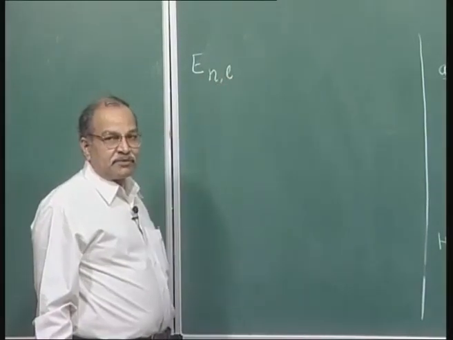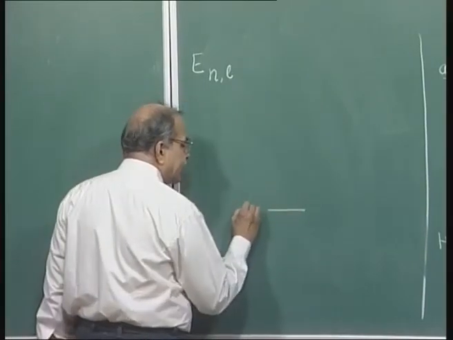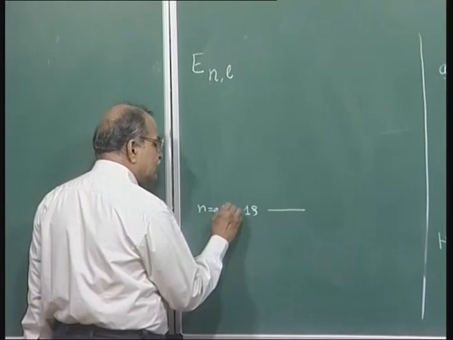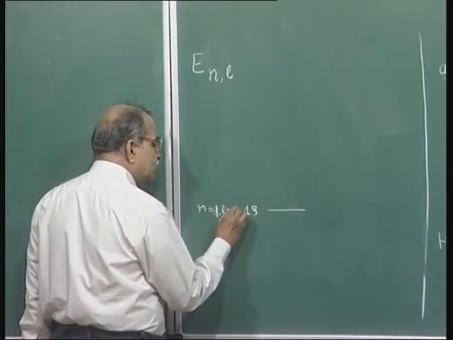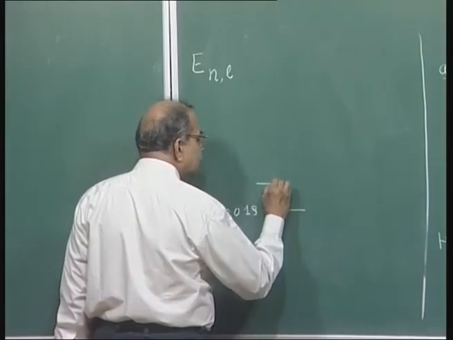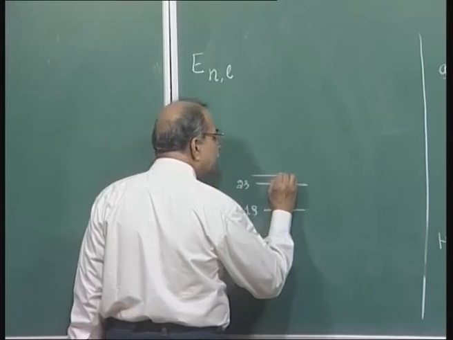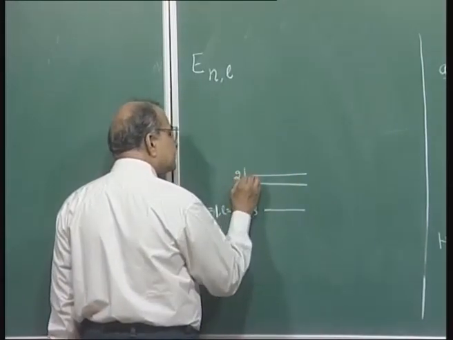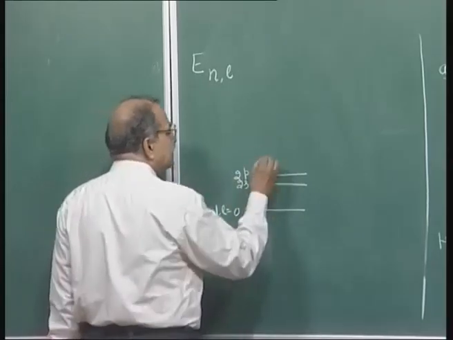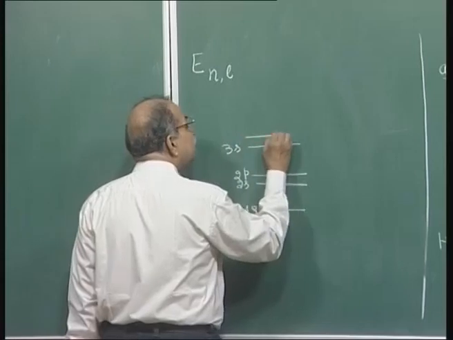Then you will have energies like 1s, that is n equal to 1 and L equal to 0. Then you will have 2s, and 2p, where n is equal to 2 and L is equal to 0 or 1. Then you will have 3s and 3p.